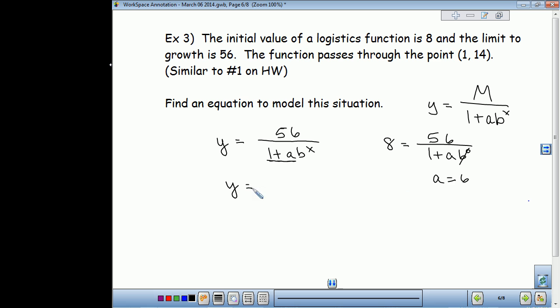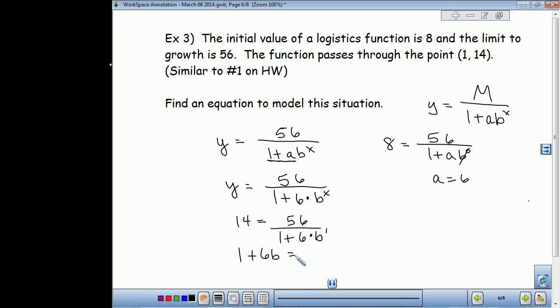Okay, so now let's fill that in. Now I need to figure out b. How can I do that? Using the point. This is my x, this is my y, so 14 equals 56 over 1 plus 6 times b to the first. I'm going to multiply by this and then divide by the 14 all in one step.